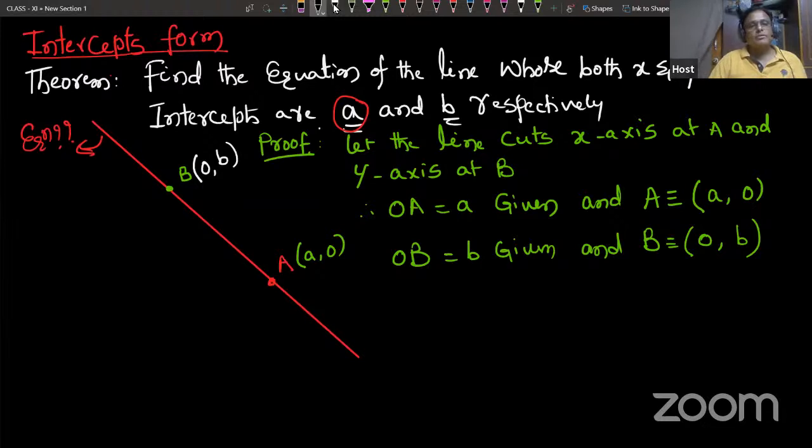Clearly, this line is passing through two given points now. Right? This red line equation you want to know.